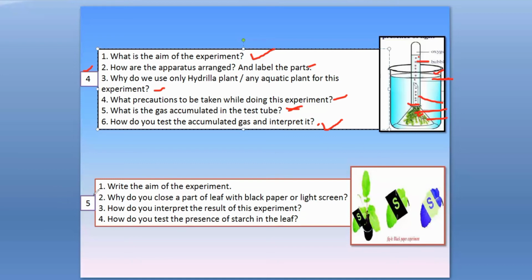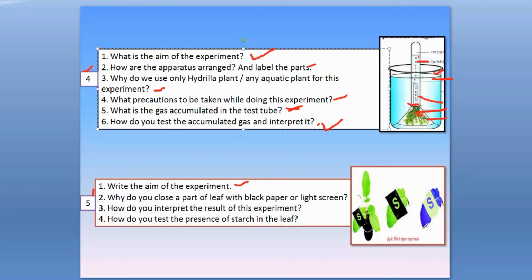And the next, the fifth one: what is the aim of this experiment? The main aim of this experiment is the light screen or sunscreen experiment. Why do you cover a part of the leaf with black paper, the light screen?